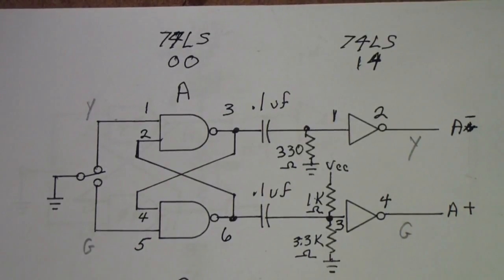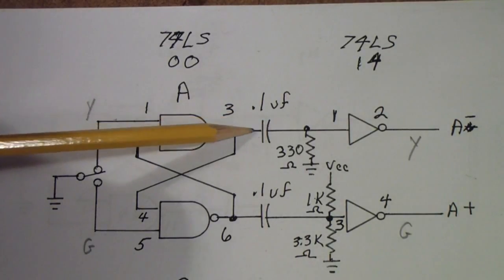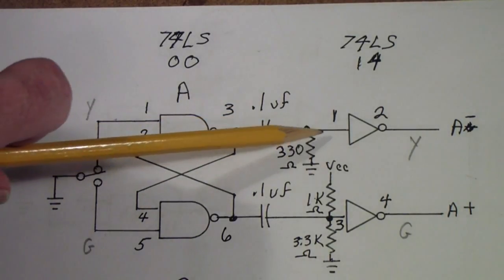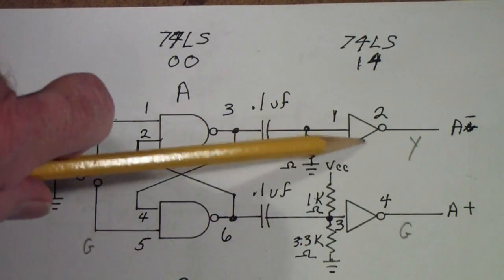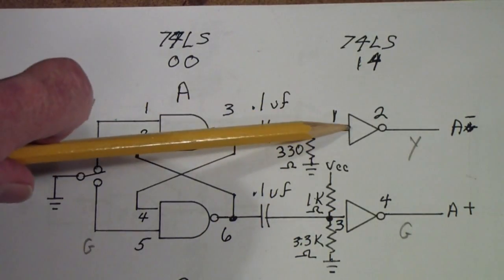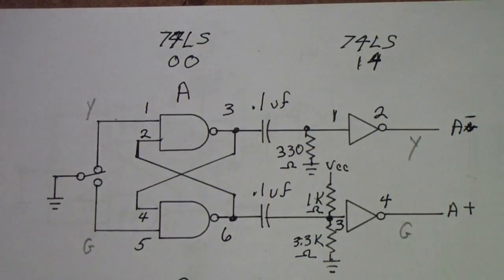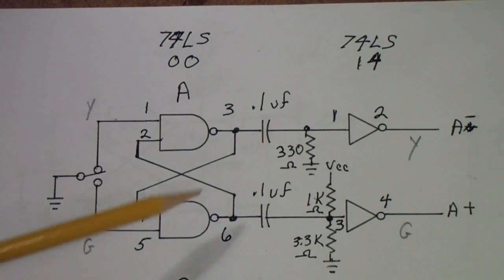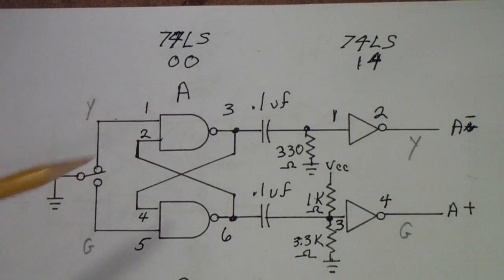And let's talk about that in the next segment. For now, don't worry about the capacitors, the resistors, and these 74LS14s. We'll talk about those a little bit later. Just focus on this circuit.